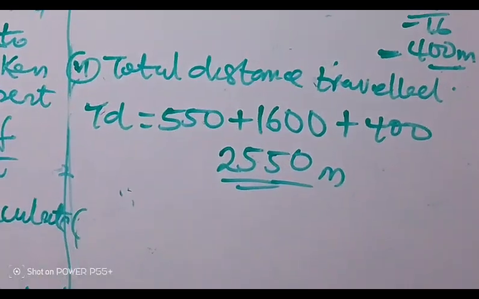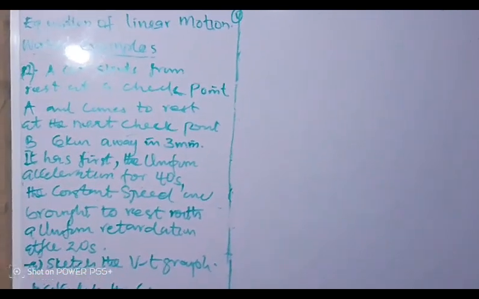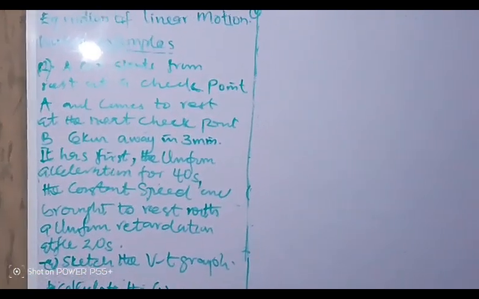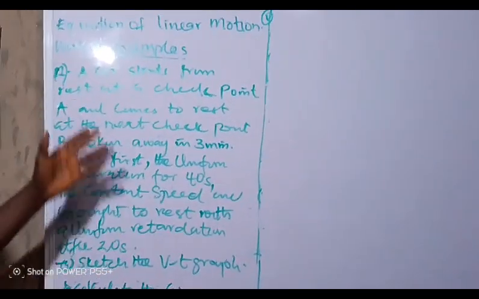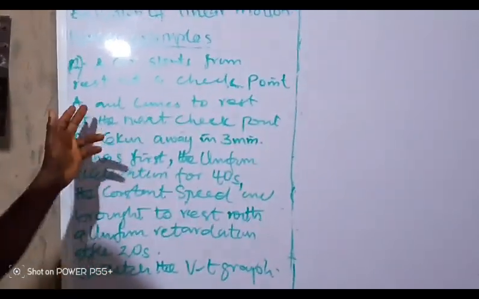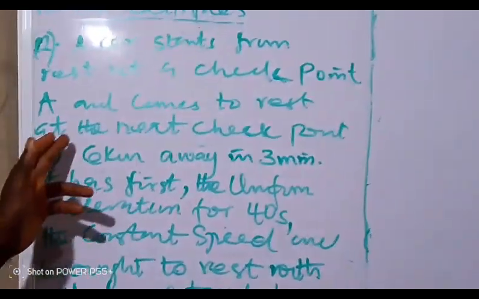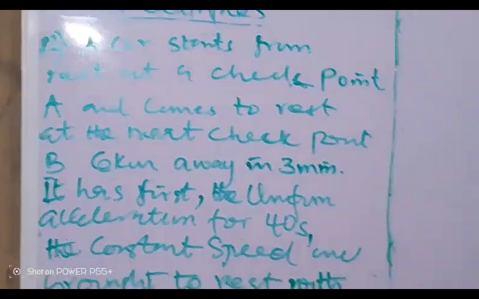That's all. Let's take this one as the last example. And as I said, we are going to use velocity time graph to solve it. So according to the question, a car starts from rest at checkpoint A and comes to rest at the next checkpoint B, 6 kilometers away, in 3 minutes.